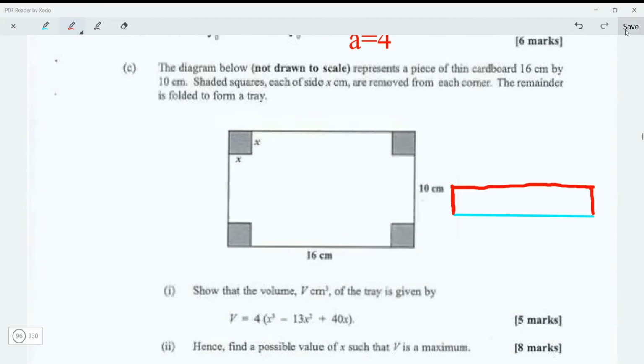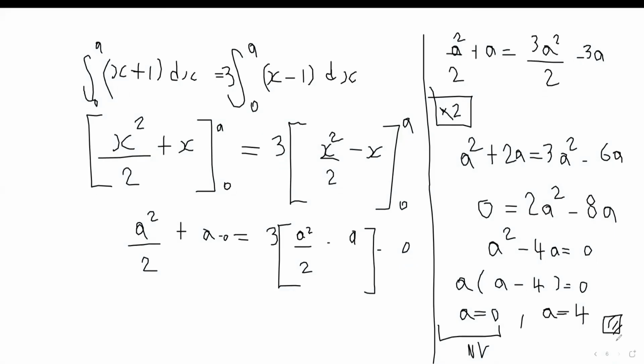So now we know how to find volume. Volume is equal to length times width times height. All right, that's how we find volume.